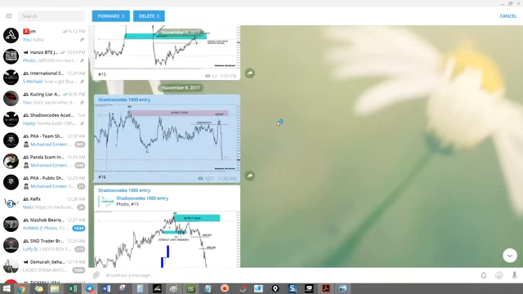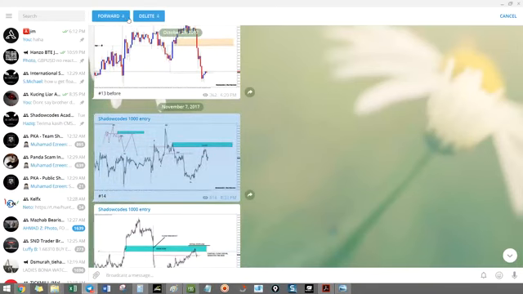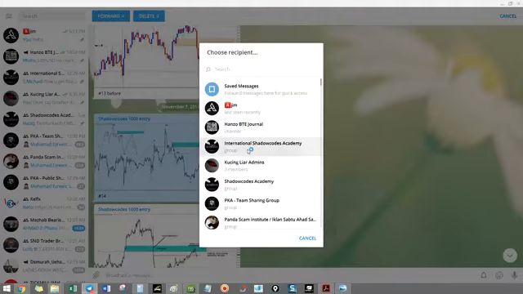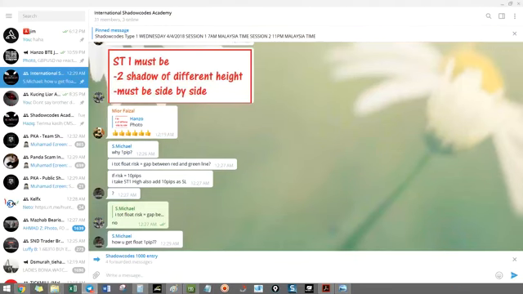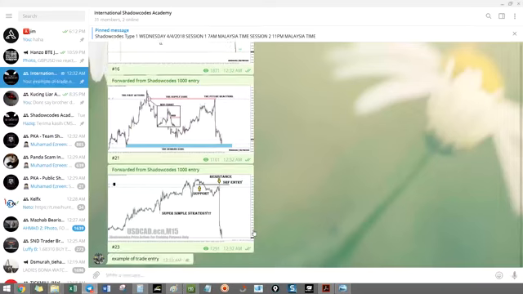You can put it on the mirror, on the wall for study or anything. Example of trade entry.